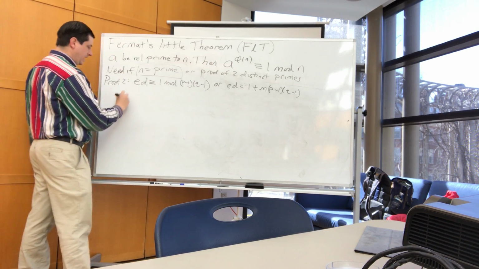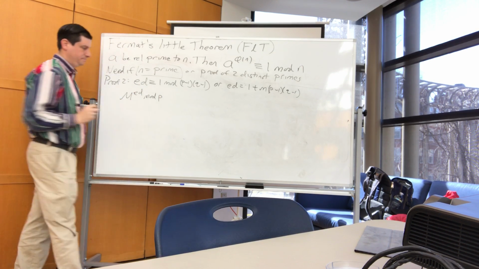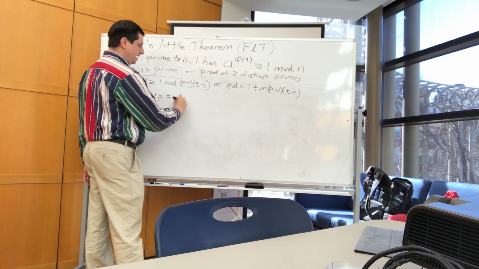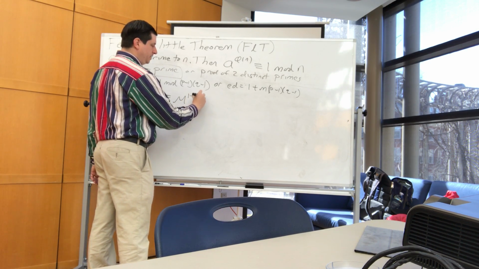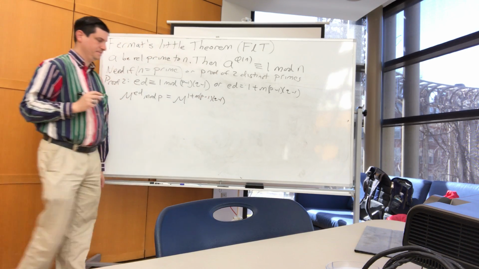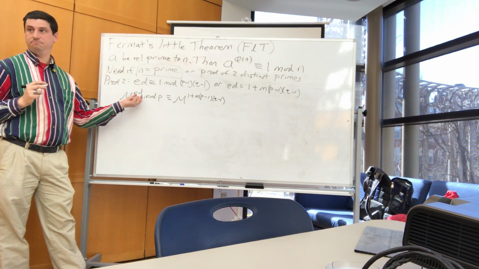So let's look at m to the ed mod p. Well, this is going to be m to the 1 plus m times (p minus 1)(q minus 1). I'm just putting in what ed is.